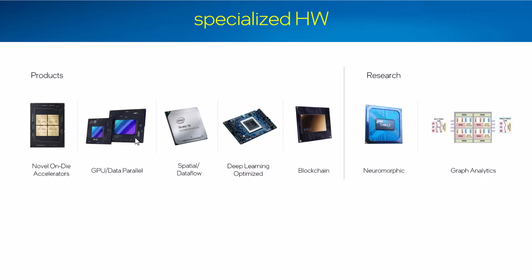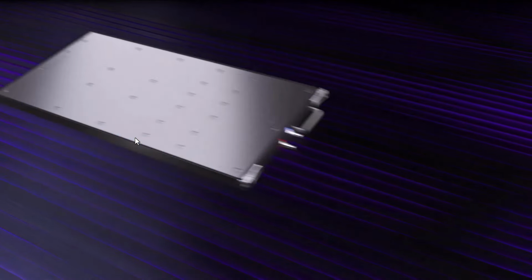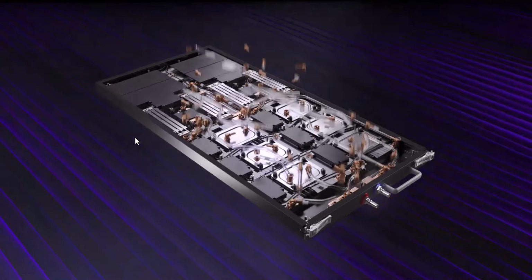And it's not only that we have so many types of specialized hardware, we know how to connect many of them together to build and construct even bigger supercomputers and specialized computers.